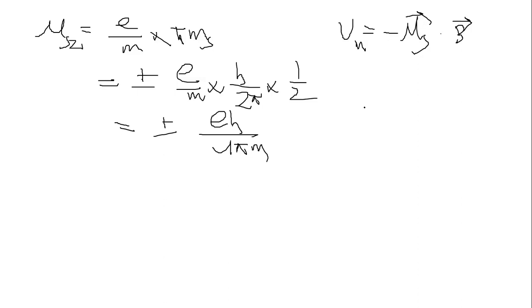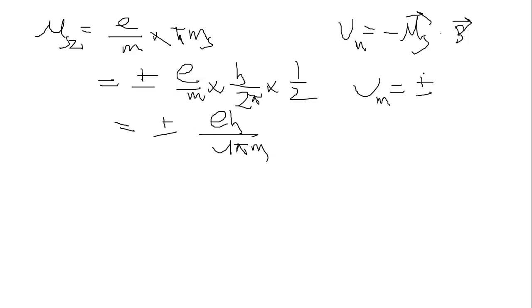So if the electron spin is parallel or anti-parallel, the energy will be plus minus half.